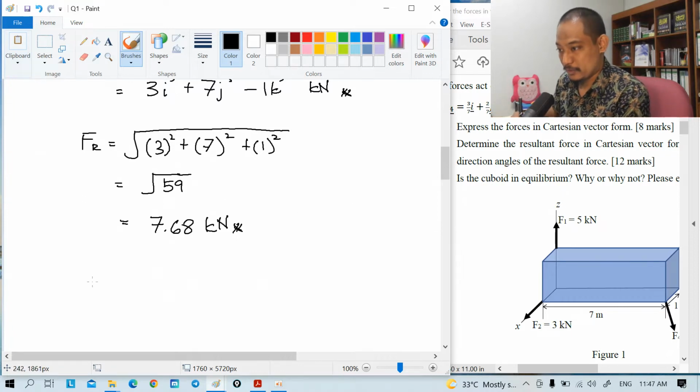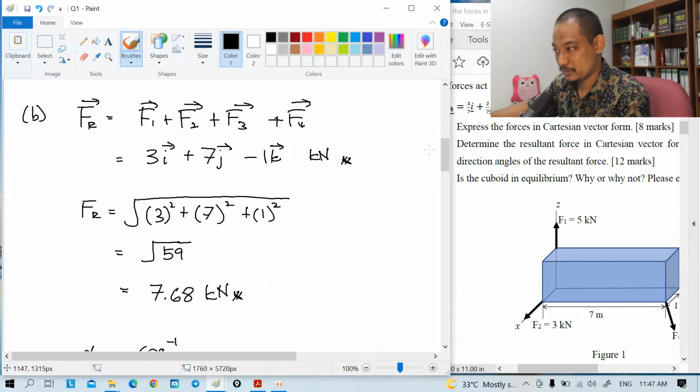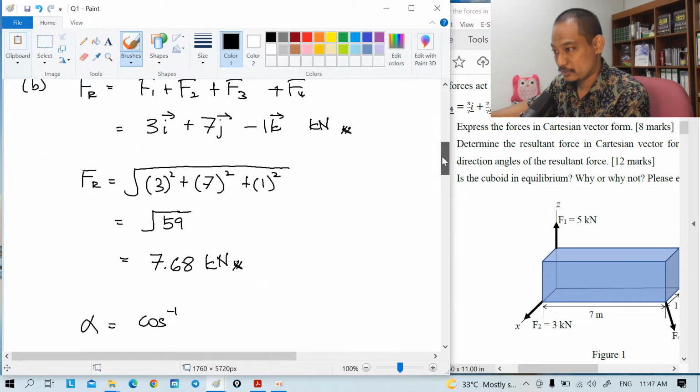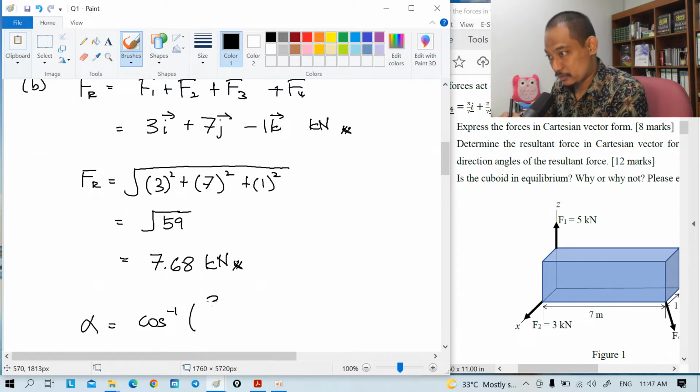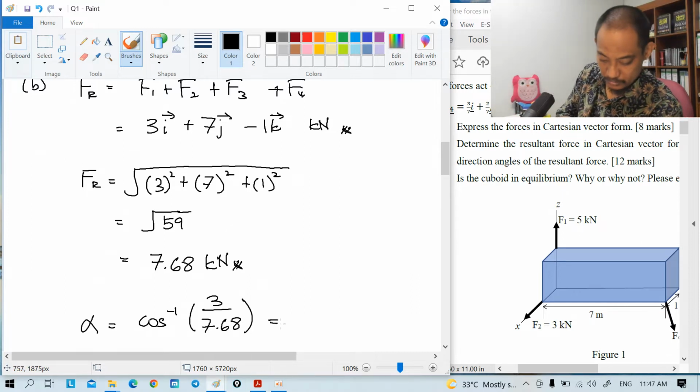So alpha is cos minus 1 of the x component of FR divided by the magnitude, right? So 3 over 7.68. You should get cos minus 1 of 3 divided by 7.68.